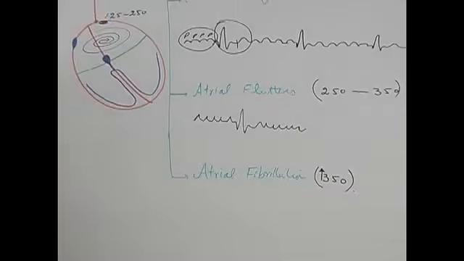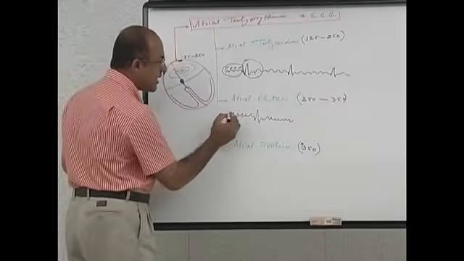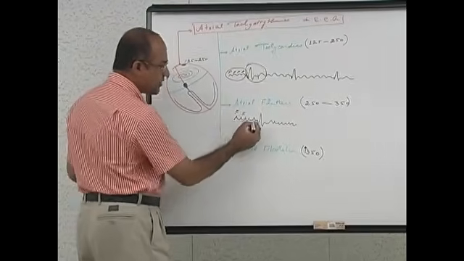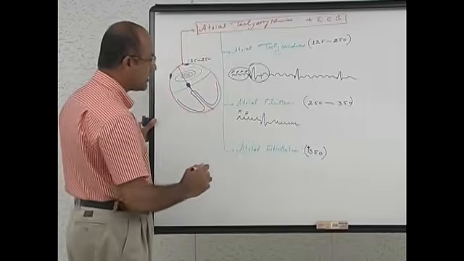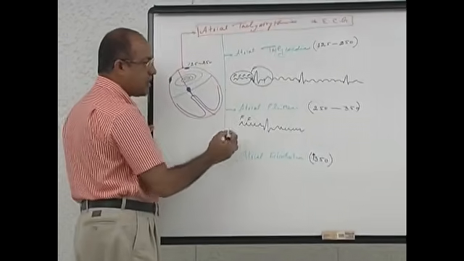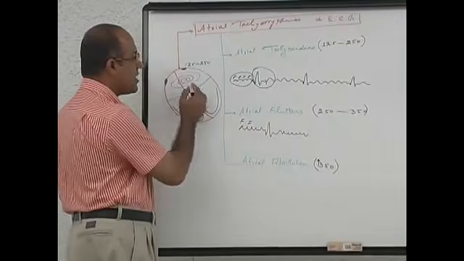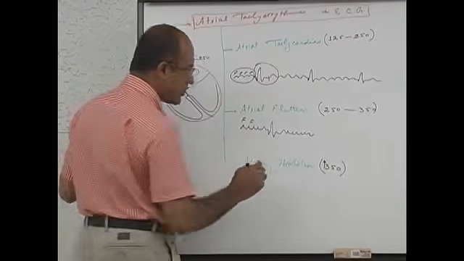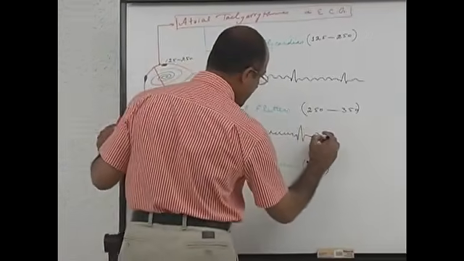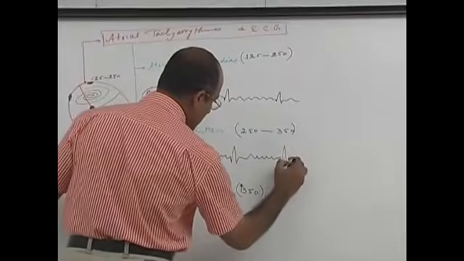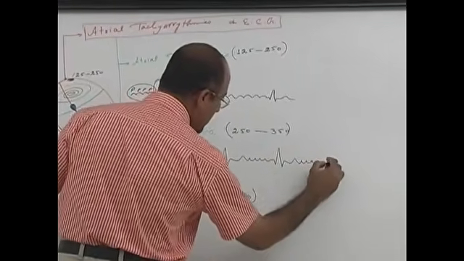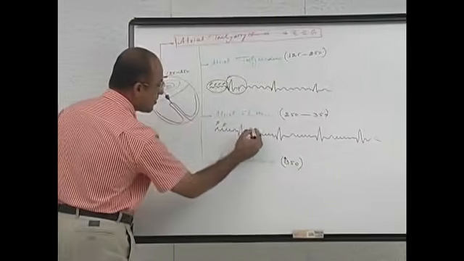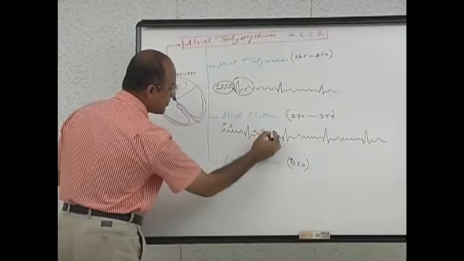They should not really be called P waves; they are called flutter waves, so we call them F waves. Flutter waves are a sawtooth-shaped pattern drawn by the very rapid depolarizations in the atrial tissue, and then again this is followed by QRST. So these are flutter waves.